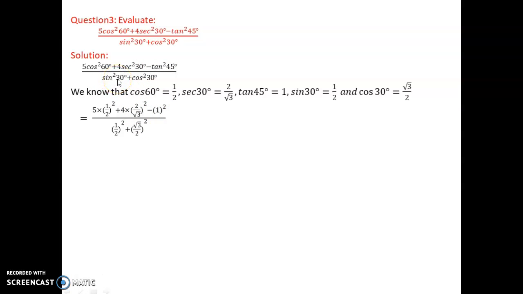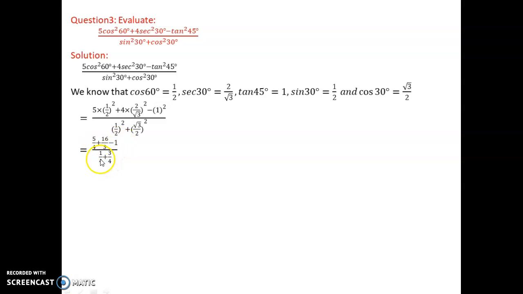Divided by sine square 30, sine 30 will be 1 by 2 whole square, plus cos square 30, cos 30 will be root 3 by 2 whole square. Now we will simplify it. 1 by 2 square will be 1 by 4, so we get 5 by 4 here. 2 by root 3 whole square will be 4 by 3, and 4 by 3 into 4 will be 16 by 3, minus 1, and in the denominator this will be 1 by 4 plus 3 by 4.